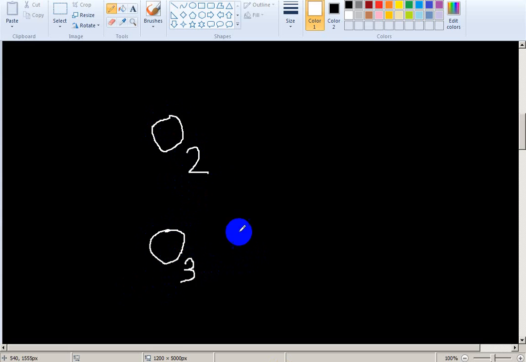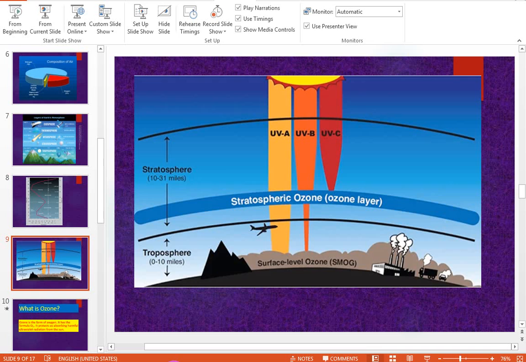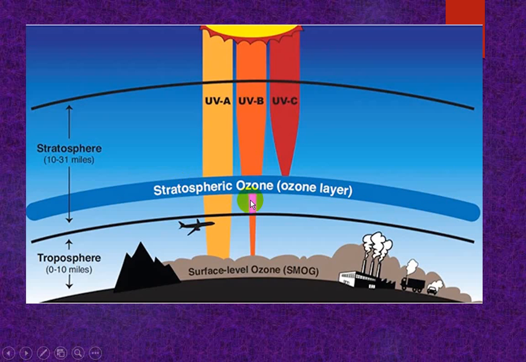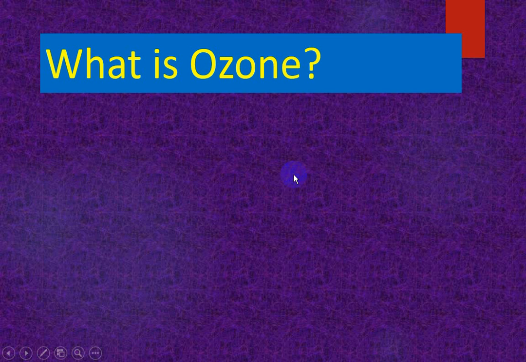This is the formula of oxygen, and this is the formula of ozone. The ozone layer contains O3 in the stratosphere. This ozone layer protects us from UV radiation. UV radiation is harmful for our skin and body.